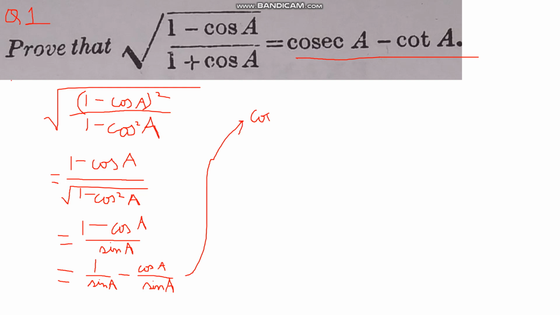This is cosec A, and cos A by sin A is cot A. So cosec A minus cot A. Right. Now this is the same statement as here, so it is proved. Hence proved.